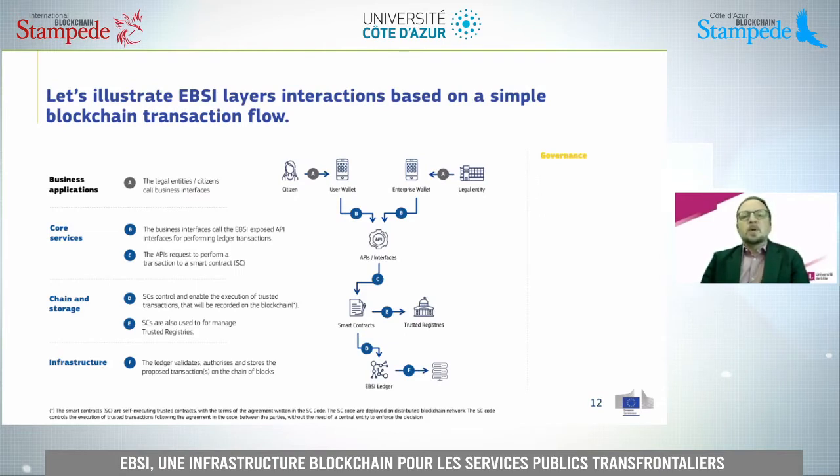So an example here. The business applications are the interfaces to the citizens and the legal entities. So they can use typically what are called wallets. And you have heard that the European Commission has proposed that each European citizen will be able to have a wallet where they can store their digital identity and digital identity attributes.